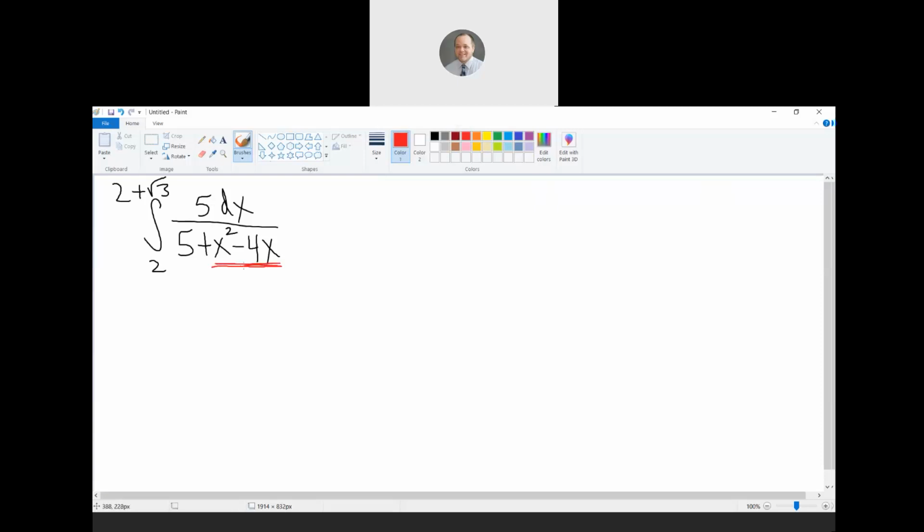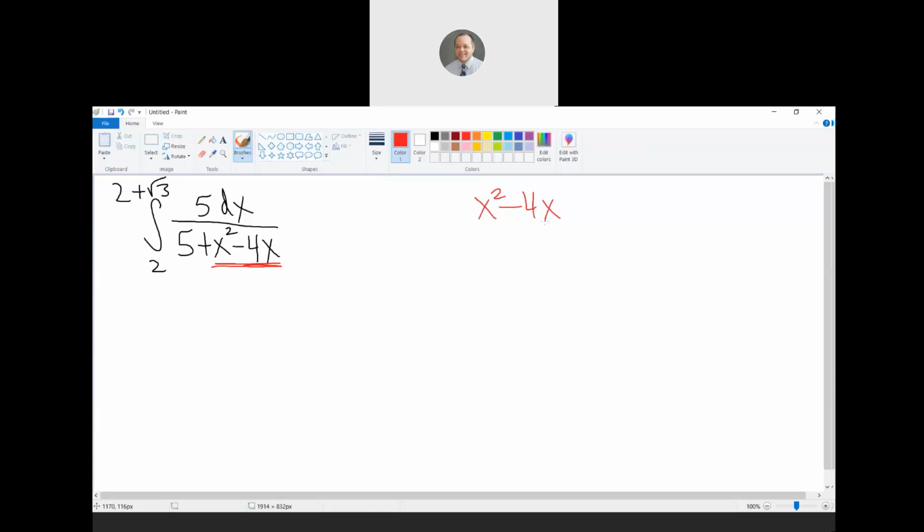Now the x squared minus 4x part looks familiar from college algebra. It looks like we can complete the square. So we're just going to rewrite the denominator, not really change it at all.